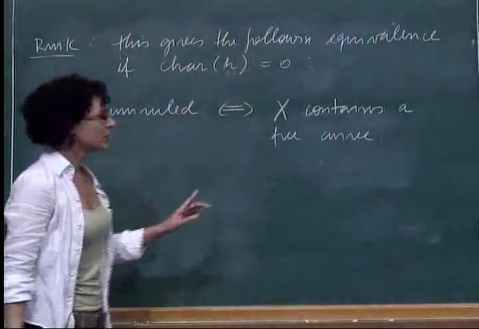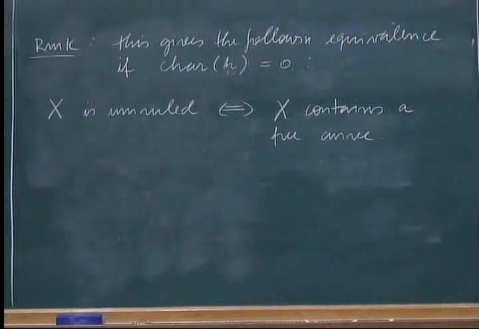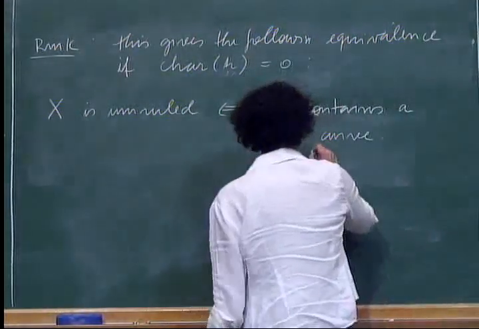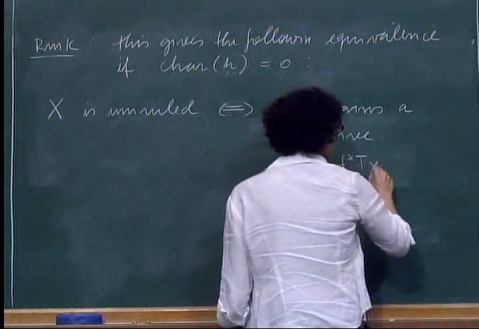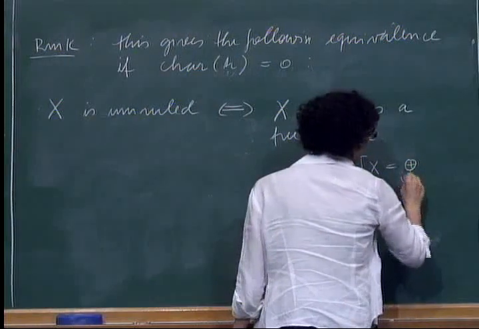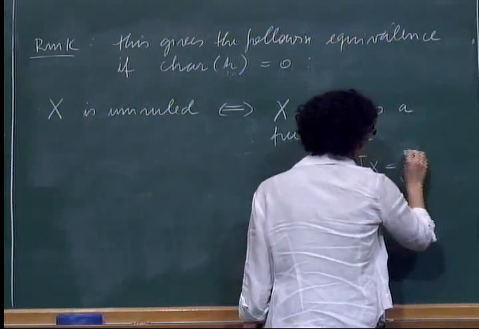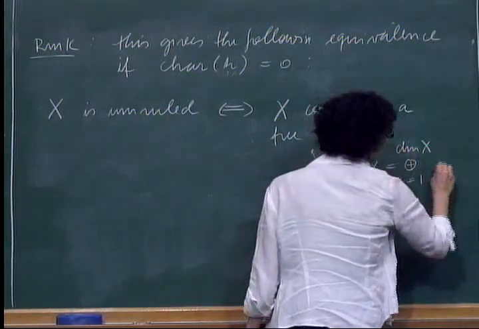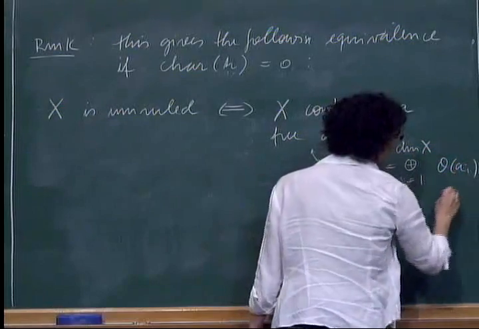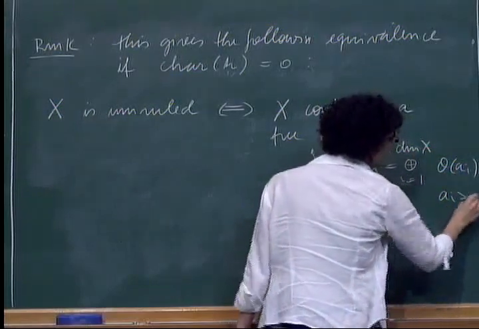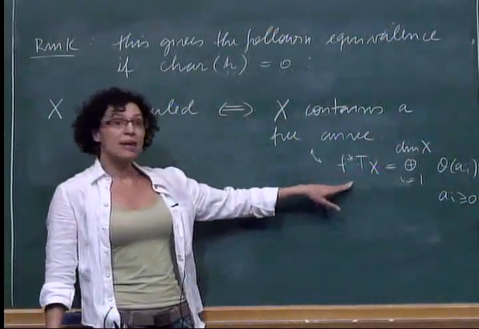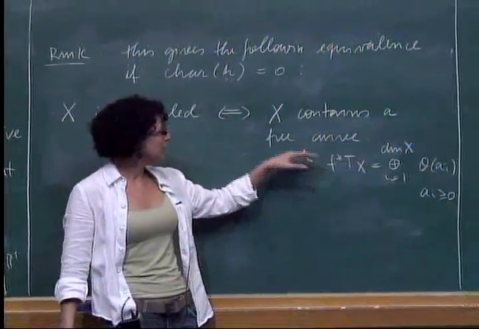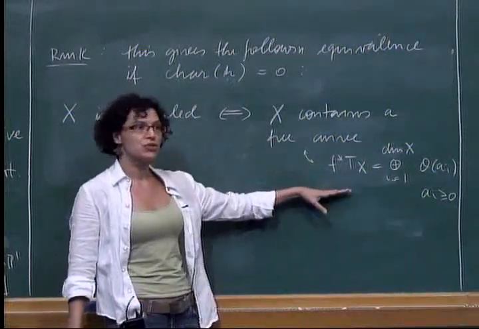but now notice, a free curve is a curve for which the pullback of the tangent bundle is a sum of O(a_i) with all the a_i greater or equal than 0. Now we can apply semi-continuity to observe that being free is an open condition.